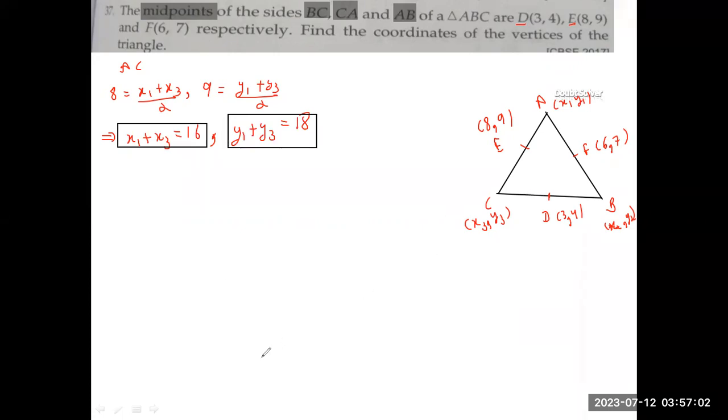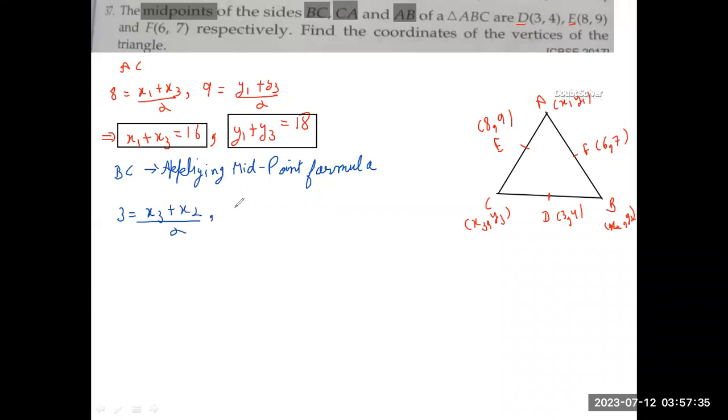Now, applying the midpoint formula in BC, I can say the midpoint of BC is D. So 3 is equal to x3 plus x2 over 2, comma 4 is equal to y3 plus y2 over 2.